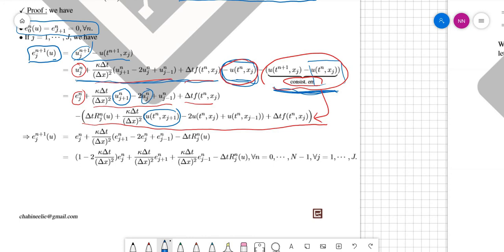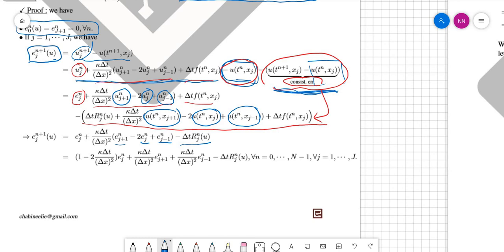This term minus this one is the error e_j^n, and this term minus this one is the error e_(j-1)^n. Okay, so combining all the terms together, we will have all these errors, and minus delta t r_n_j.